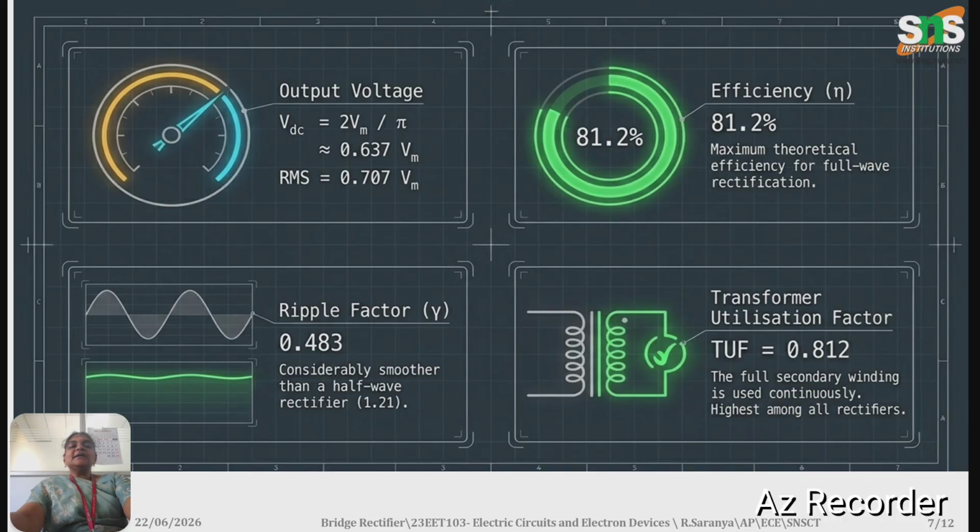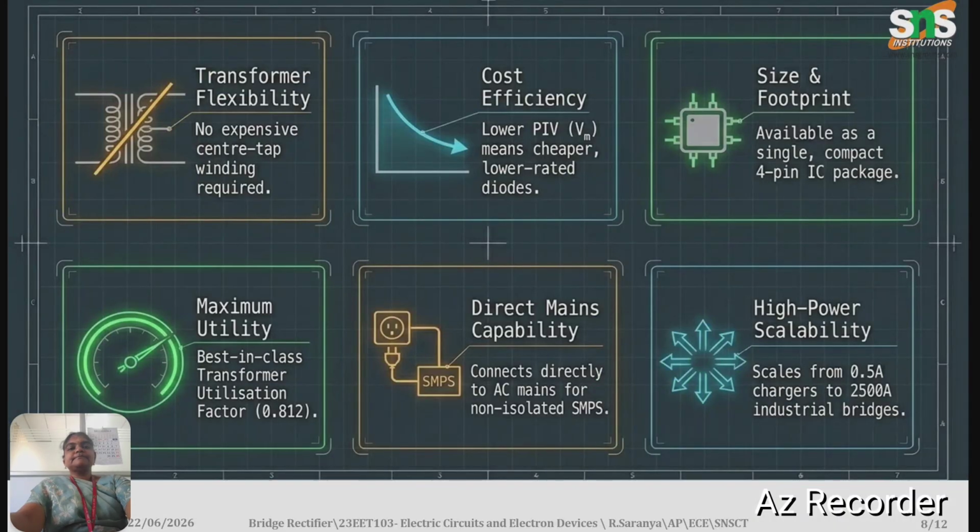The ripple factor is 0.483, which is higher than the half wave rectifier, and the transformer utilization factor is very high compared to the half wave and full wave rectifiers. The full secondary winding is used continuously, which pushes the utilization factor to a much higher level.